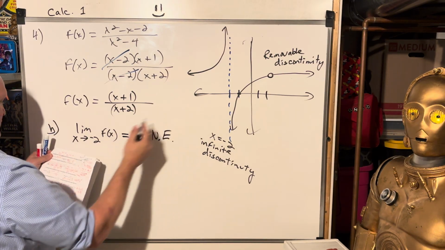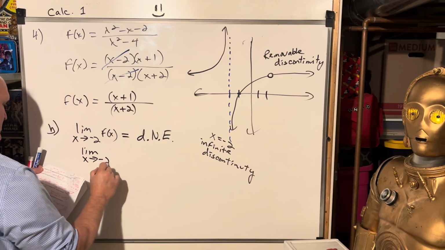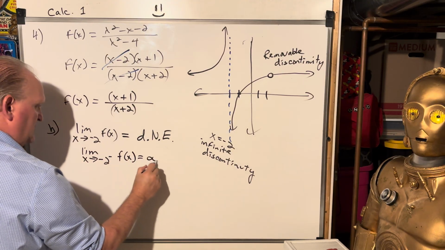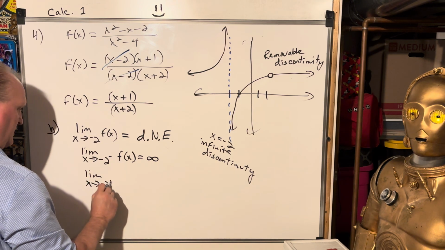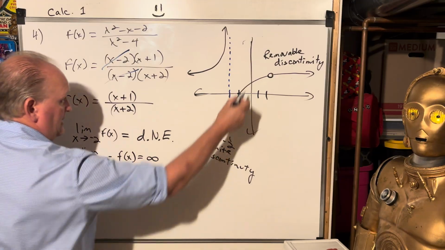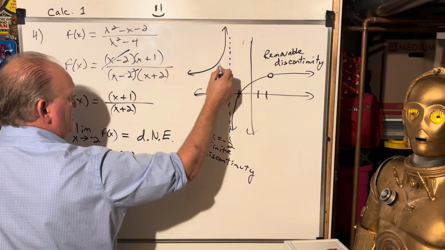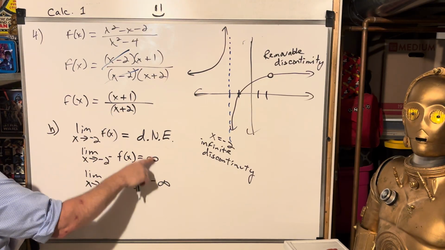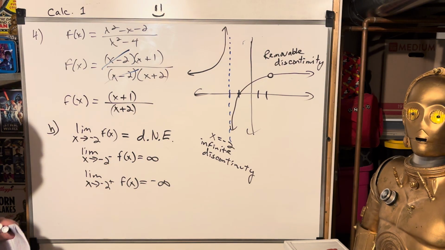But since we have the graph right there, the idea is to not do it algebraically and just say, look, this one was positive infinity, and coming from the right was negative infinity. It was going down forever. So as I approach, it goes down to negative infinity. As I approach, it goes up and up and up forever. So positive infinity and negative infinity, those don't match. So that's why it does not exist.